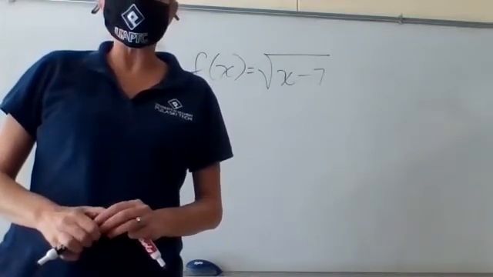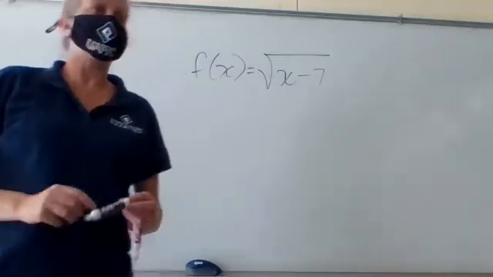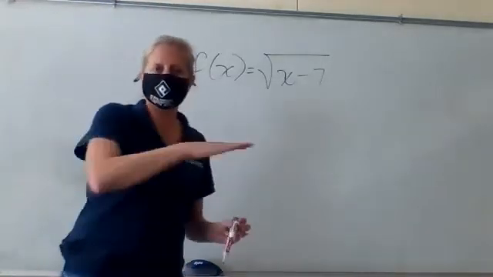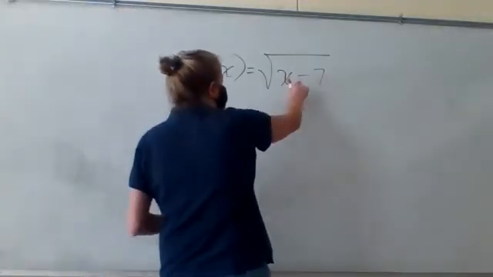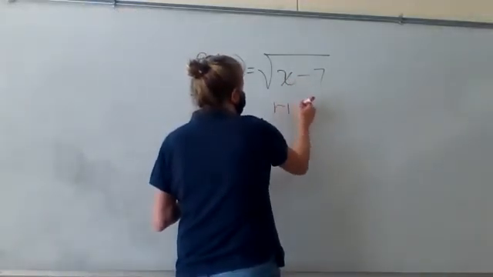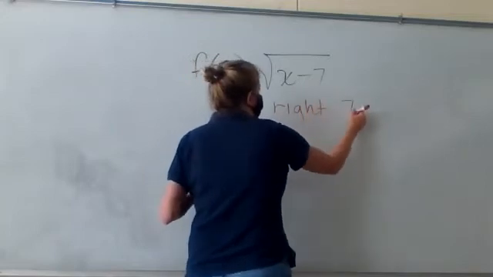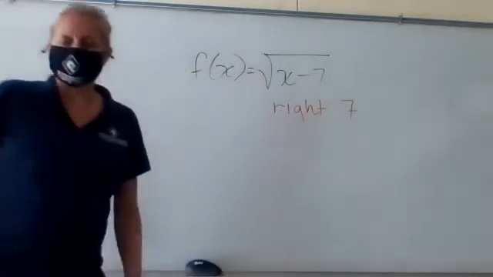What do inside numbers do to your graph? They shift it horizontally, left or right, but you go opposite the sign, which means that minus 7 is going to shift this graph to the right 7.